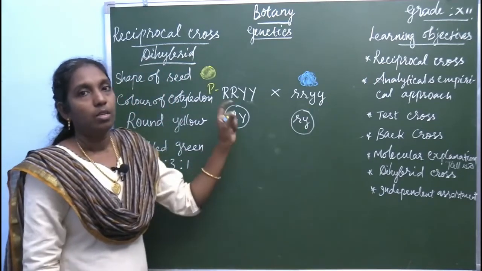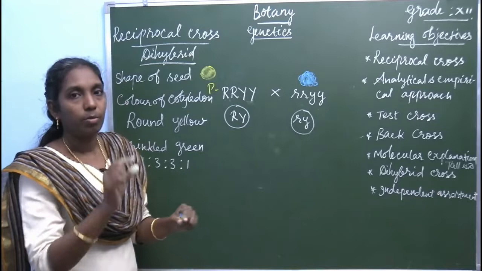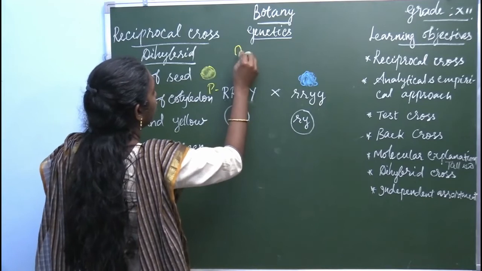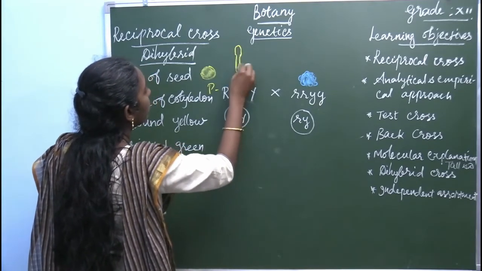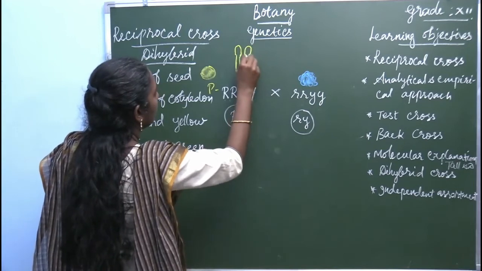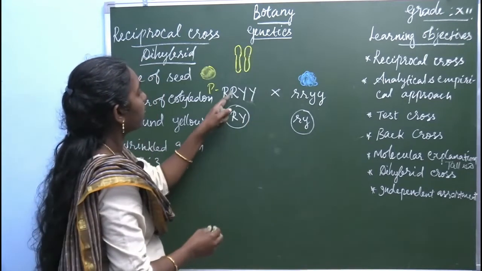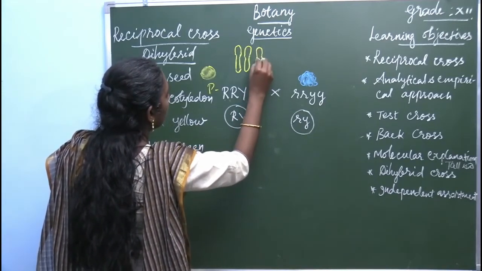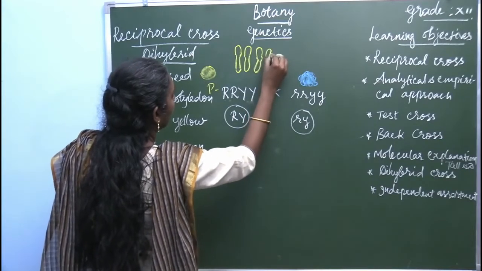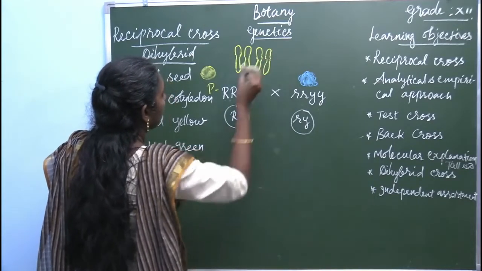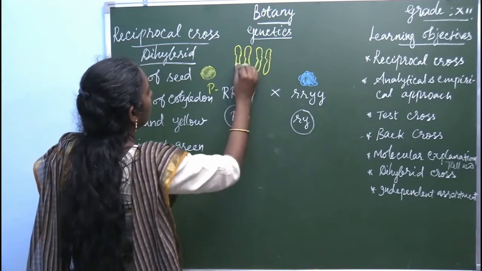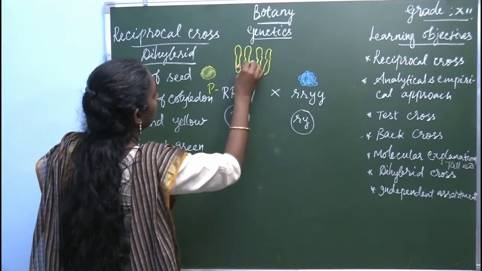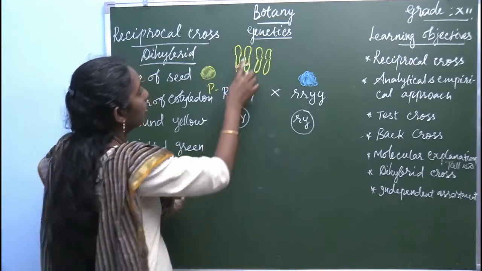In the book the diagrams are given in the form of chromosomes, which show the genes. So when you draw the diagram, draw it clearly. Here capital R, capital Y, capital Y. So it shows this yellow, capital R, round shape. This is the chromosome.